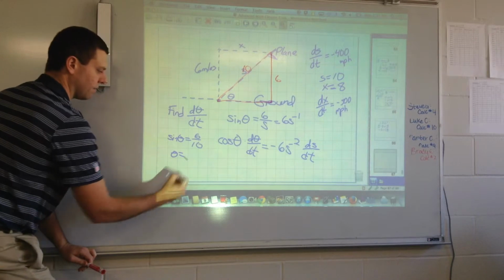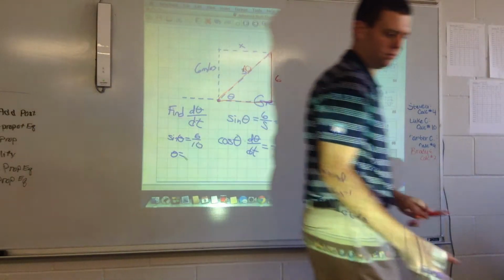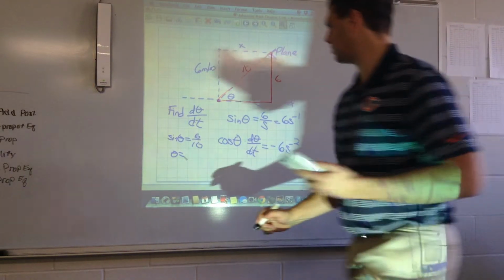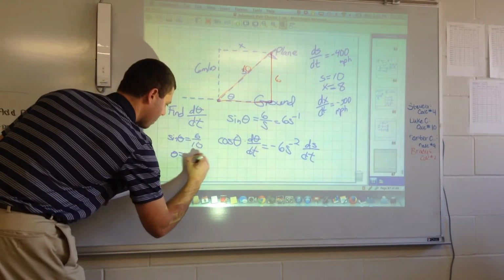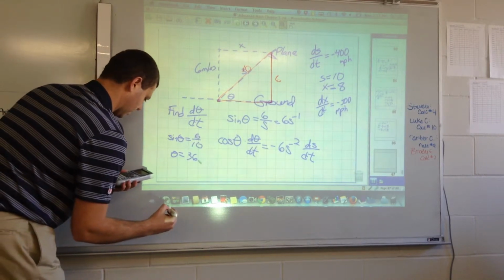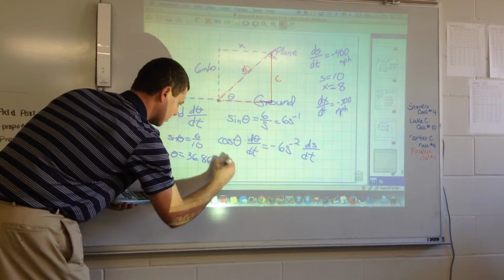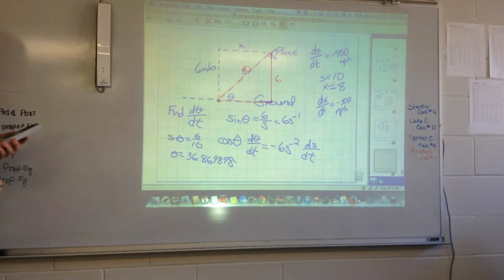If I inverse sine both sides, I could get my angle. I'm in degree mode, so I'll get my answer in degrees, which will be more meaningful to you. Inverse sine of 6 over 10 is 36.869898. I know there's more, but that'll be pretty accurate.